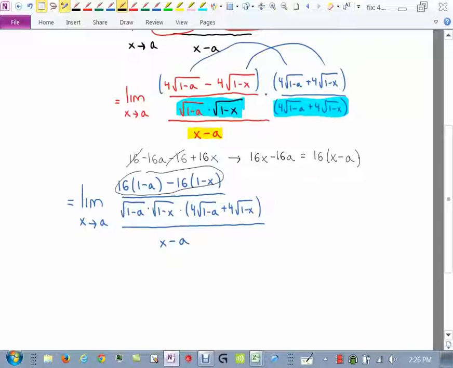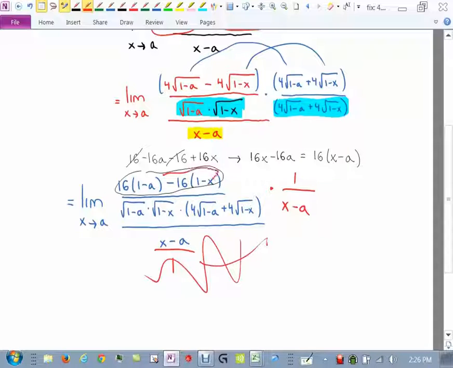That means that when we look at the denominator as a fraction and bring it up and flip it up here, okay, so that'll be gone, then this top part, which is now 16 times x minus a, this and this will cancel. And so you're just left with that 16 on top and then that big ugly thing on the bottom.